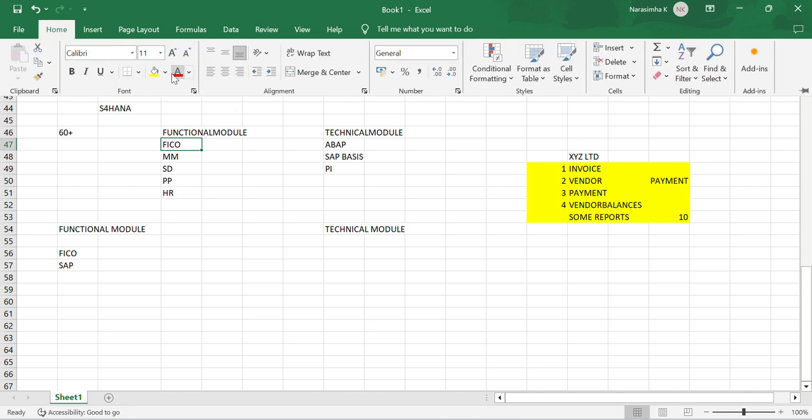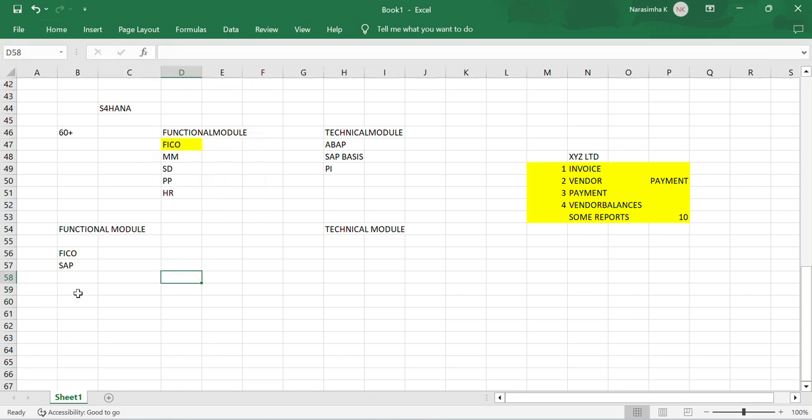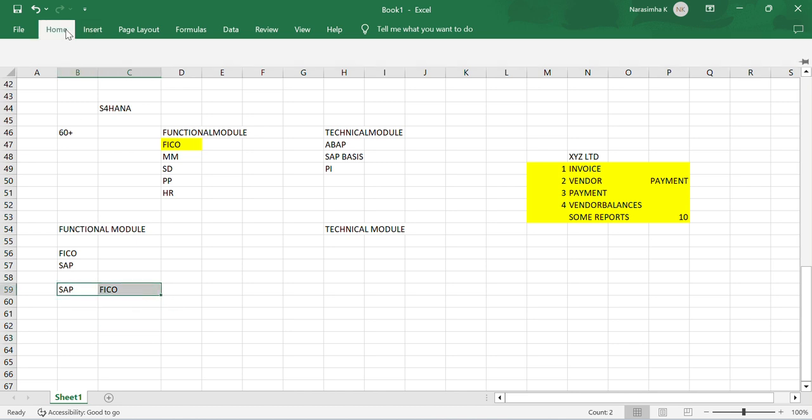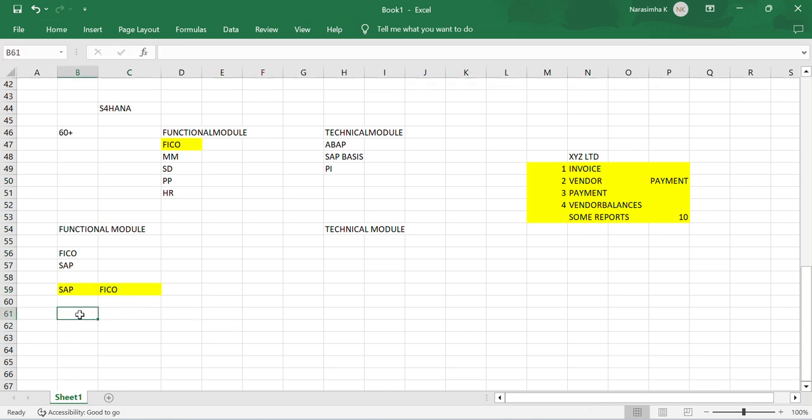So let's discuss the SAP FICO module in depth. Why is it required? FI means financial accounting. CO means controlling.